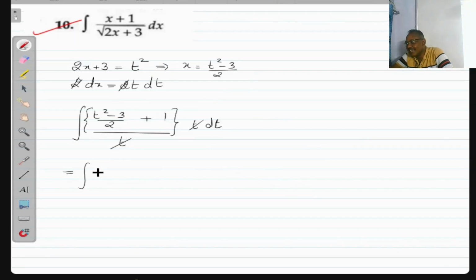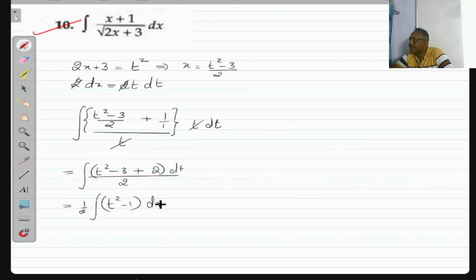तो दिस इज, इफ आई टेक एन एलसीएम नाउ, व्हाट वुड द एलसीएम बी? 2 t square minus 3 plus 2. So this by 2 comes out. I'm just left with a t square minus 1. ठीक. Now what is t square का इंटीग्रल? t cube by 3. 1 का इंटीग्रल t.